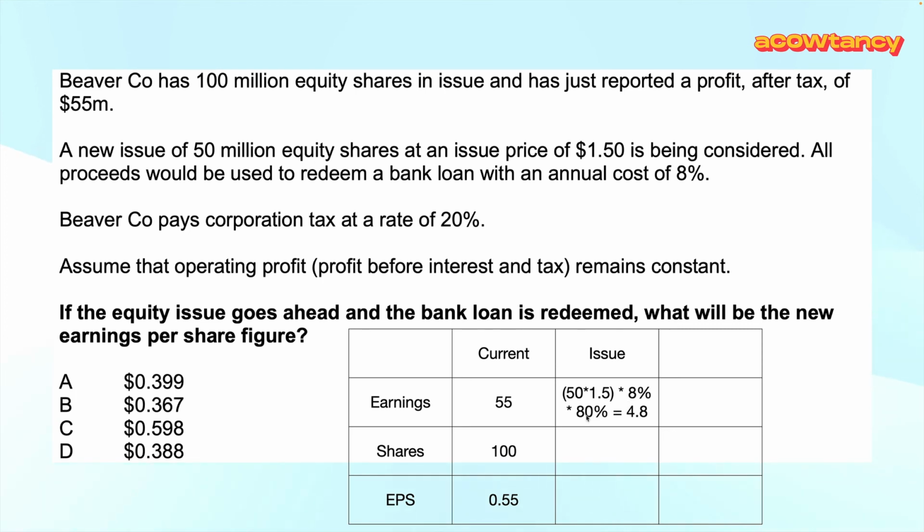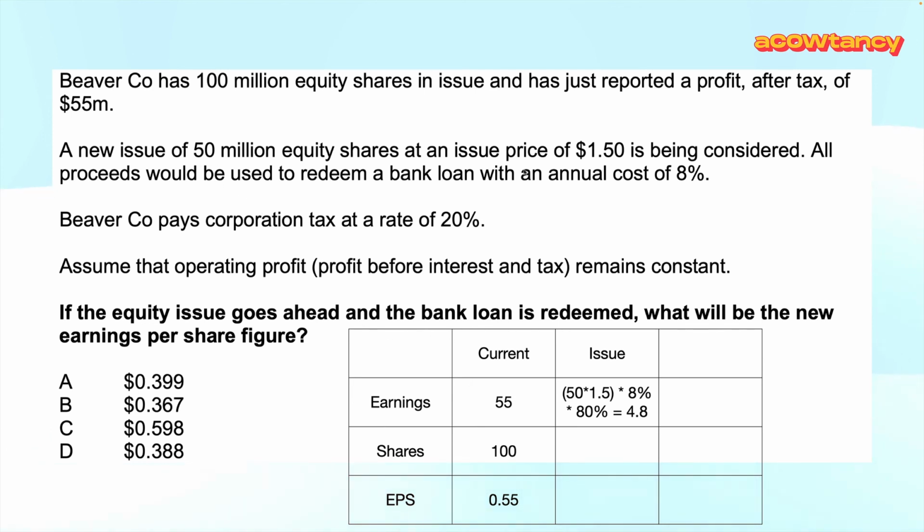So 1 minus 20% times 8%, the actual savings would be 4.8. If we use this share issue to pay off a loan, we save the interest, tax adjusted, so we save 4.8.